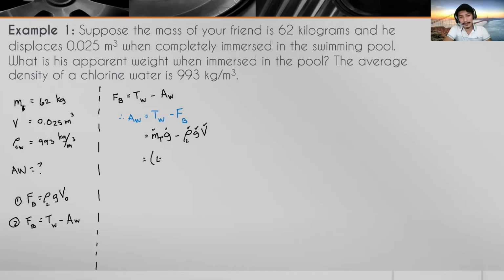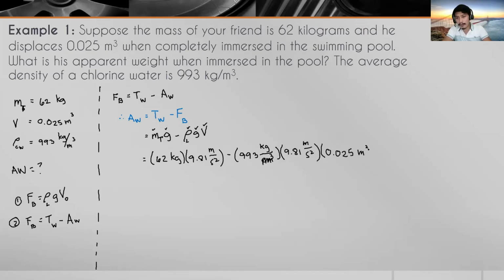So true mass is 62 kilograms multiplied by the acceleration due to gravity, which is 9.81 meters per second squared, minus the density of our liquid, 993 kilograms per cubic meter, multiplied by 9.81 meters per second squared, multiplied by the volume, which is 0.025 cubic meters.